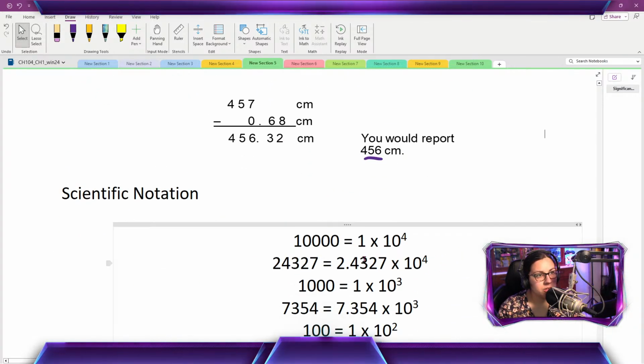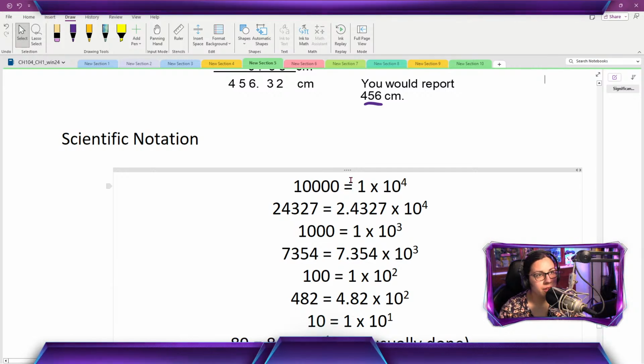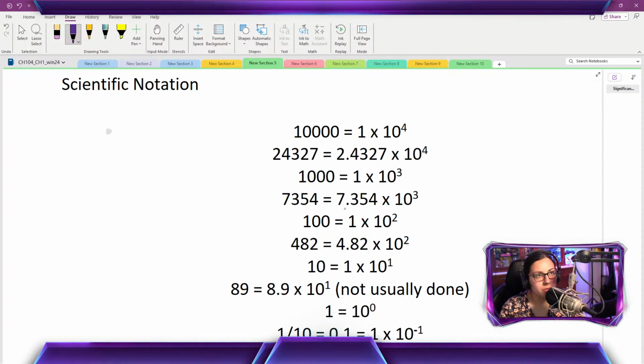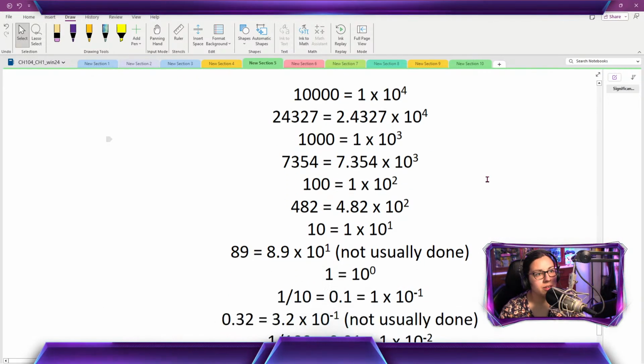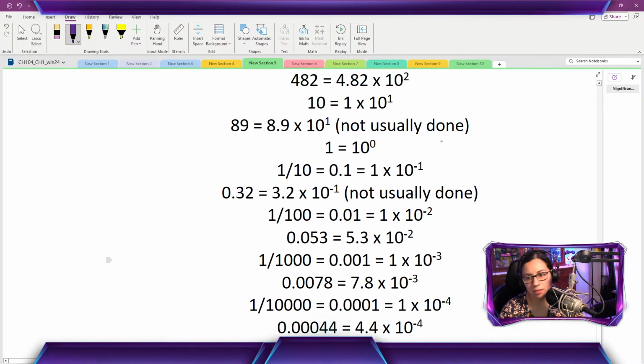And so now this is just a scientific notation reminder. So just kind of showing how to write things in scientific notation. Obviously, positive exponents, you add zeros. Negative exponents, you start going the other way, so to the left. And so again, you can see different ways to write all this.